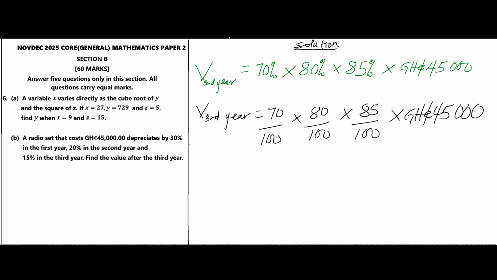So let's find out from the calculator. 70 out of 100 multiplied by 80 out of 100 multiplied by 85 out of 100.